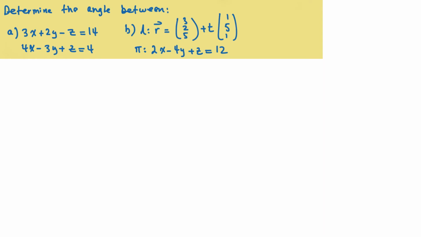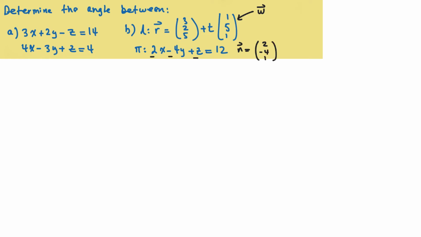For the second part of the question, we're asked to determine the angle between a line and a plane, and for this, the equation is slightly different. We need the direction vector here, let's call it w, and we need the normal vector, let's call that n, with components 2 for the coefficient of x, -4 for the coefficient of y, and 1 for the coefficient of z.